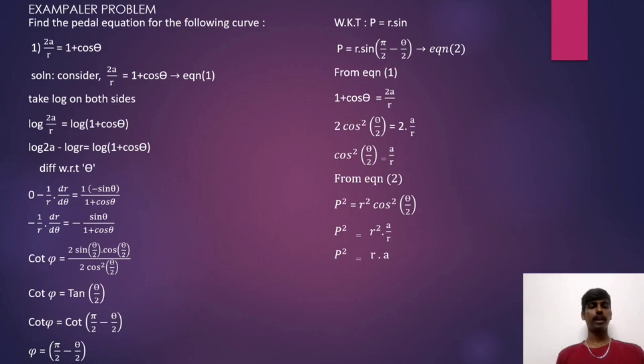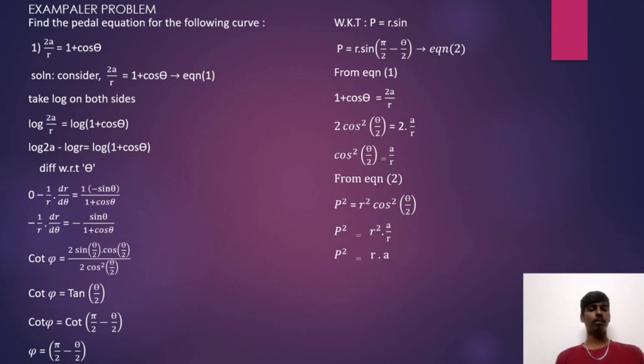Now we take log on both sides. Log of 2a by r is equal to log of (1 plus cos theta). Log 2a minus log r is equal to log of (1 plus cos theta). Now we differentiate both sides with respect to theta. 0 minus 1 by r into dr by d theta is equal to 1 into minus sin theta by 1 plus cos theta.